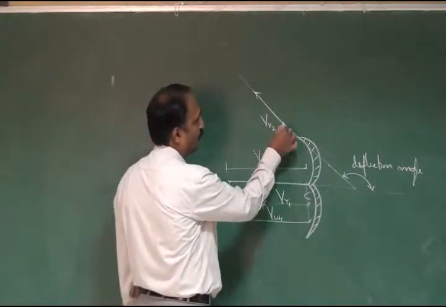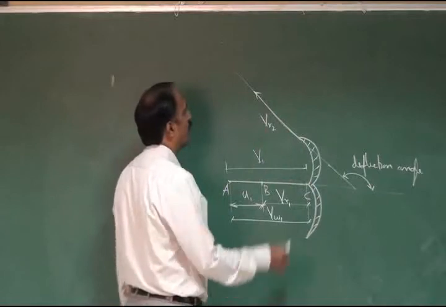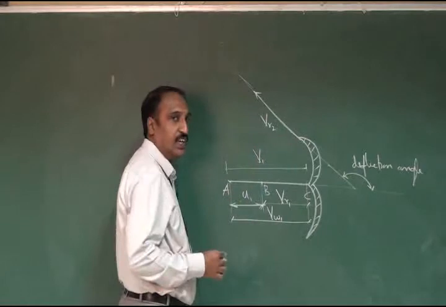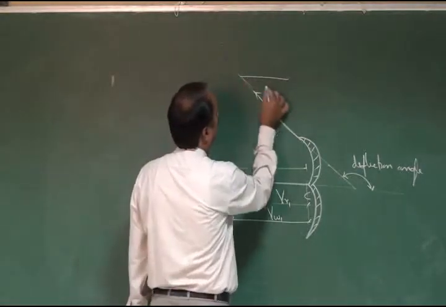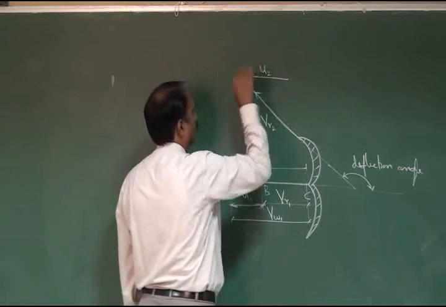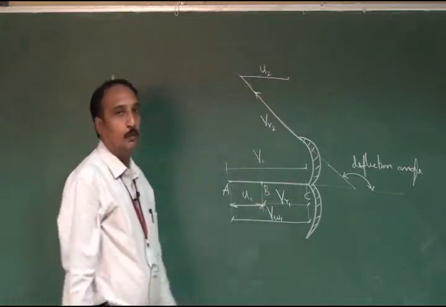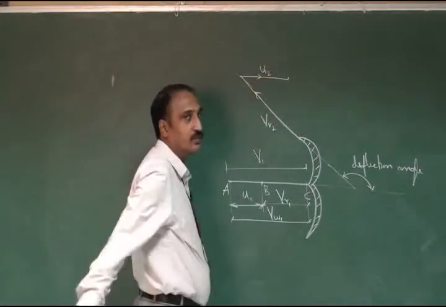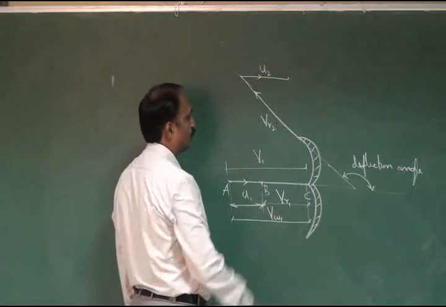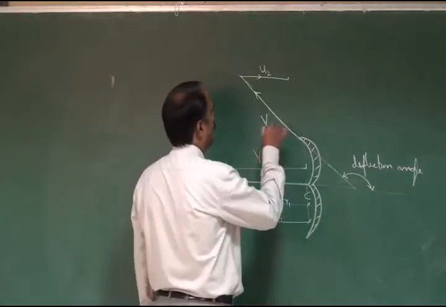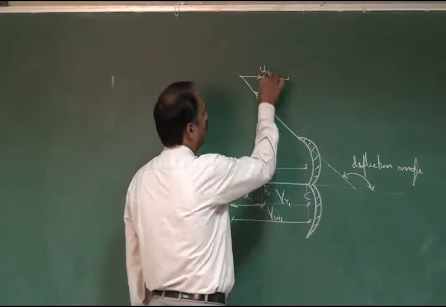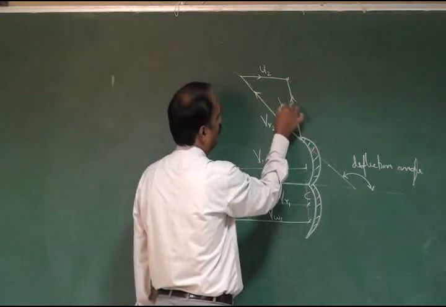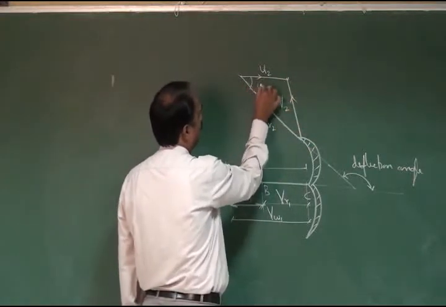From this we know the slope of this relative velocity at outlet, and then we have to draw the tangential velocity at outlet U2 by getting the resultant of these two velocity vectors. This is in forward direction, tangential velocity similar to this one. Now by combining these two vectors, we will get the absolute velocity of the water jet at outlet V2. Say this angle is phi.